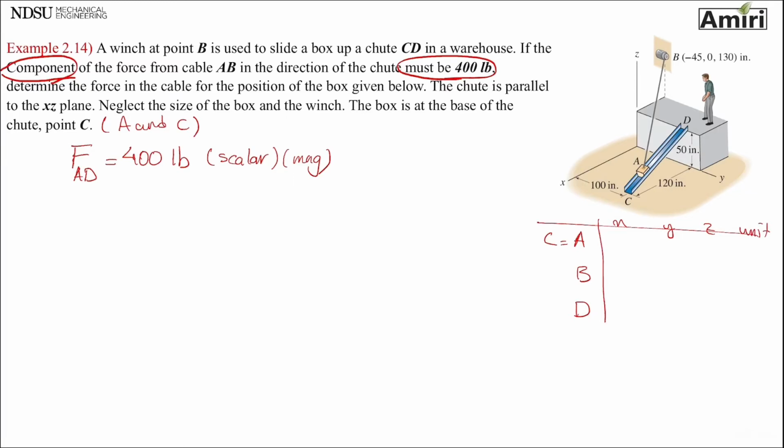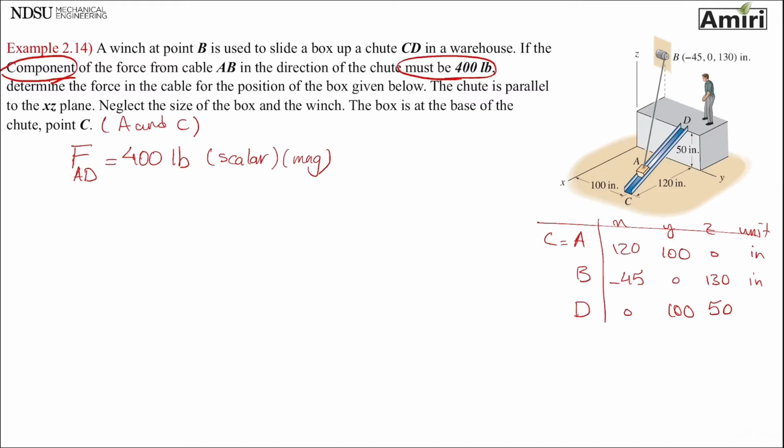Point A is located at X of 120, Y of 100, Z of 0 inches. Point B is given at minus 45, 0, and 130. Point D is given at 0, 100, and 50.